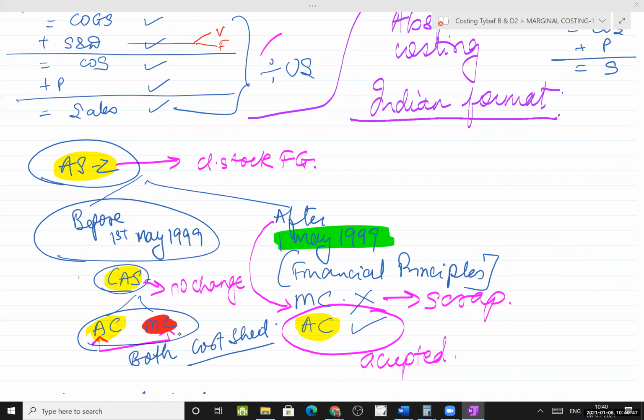Absorption costing was accepted because marginal costing technique के अपने loopholes, अपने lacunas भी हैं that we'll see further when we move to the chapter. Okay. और एक चीज याद रखो, कैश कॉस्ट अकाउंटिंग स्टैंडर्ड्स में कोई चेंजेस नहीं हुआ है. They are accepting still both, your absorption costing also and marginal costing also.